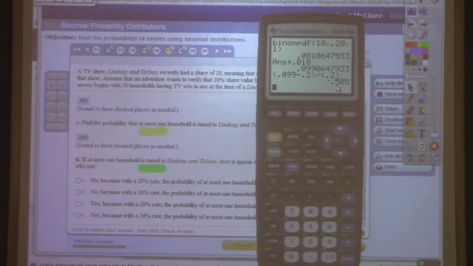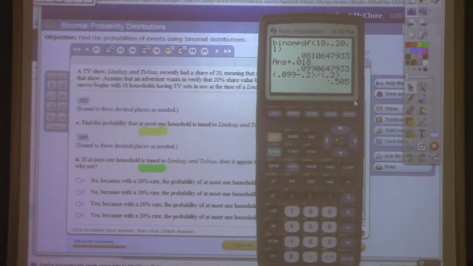I get 0.51. Okay? So that's a 50% difference. And is that common sense, right? 10% versus what? 20%. What's 10% versus 20%? It's half. So I'm about right, 50% difference.